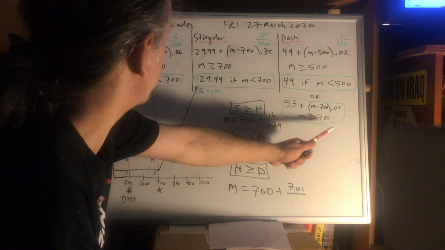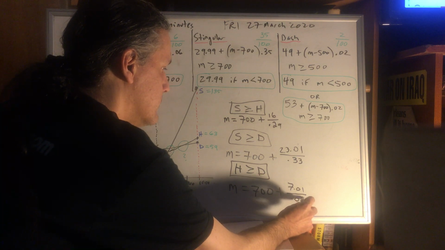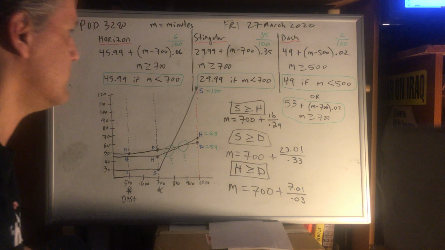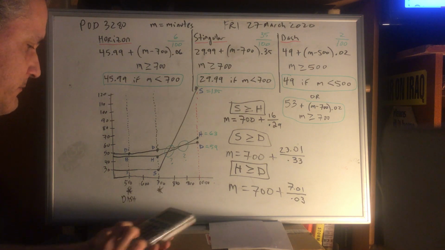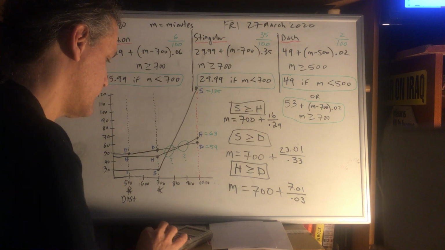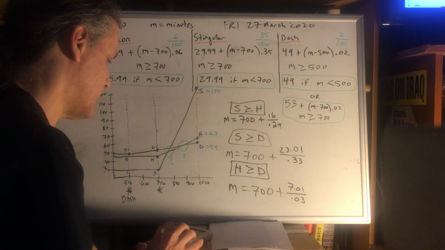Okay, and then the difference in the rate, 0.02, 0.06, so 0.04. Okie dokie, now we get to do the fun stuff. I didn't do this earlier, so I figured it wasn't going to be necessary. So I'm just calculating.